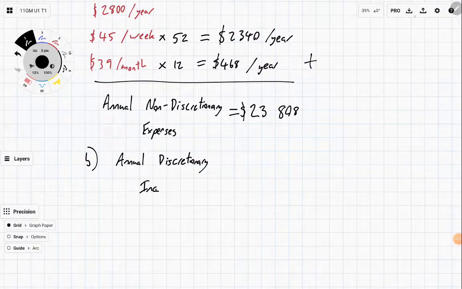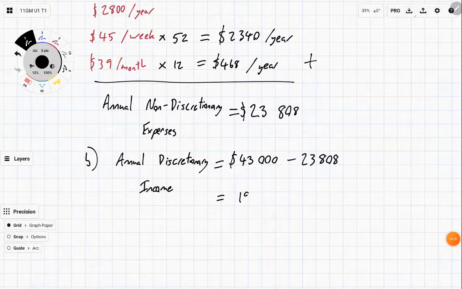So this is per year. And it's just going to be $43,000, which is his whole income, minus the $23,808, which is equal to $19,192. So this is all of the money he's got to spend per year.